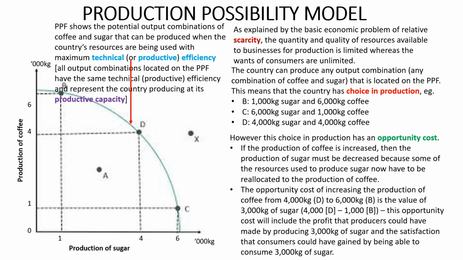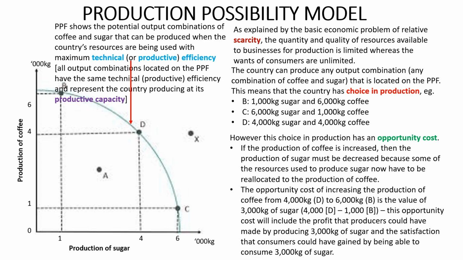Let's assume that the country is producing at point D, that is, it is producing 4,000 kilograms of sugar and 4,000 kilograms of coffee, and that it then decides to increase its production of coffee to 6,000 kilograms. This means that the country will now be producing at point B. However, because the country has limited resources, it can only increase its production of coffee from 4,000 kilograms to 6,000 kilograms by reallocating resources away from the production of sugar to the production of coffee.